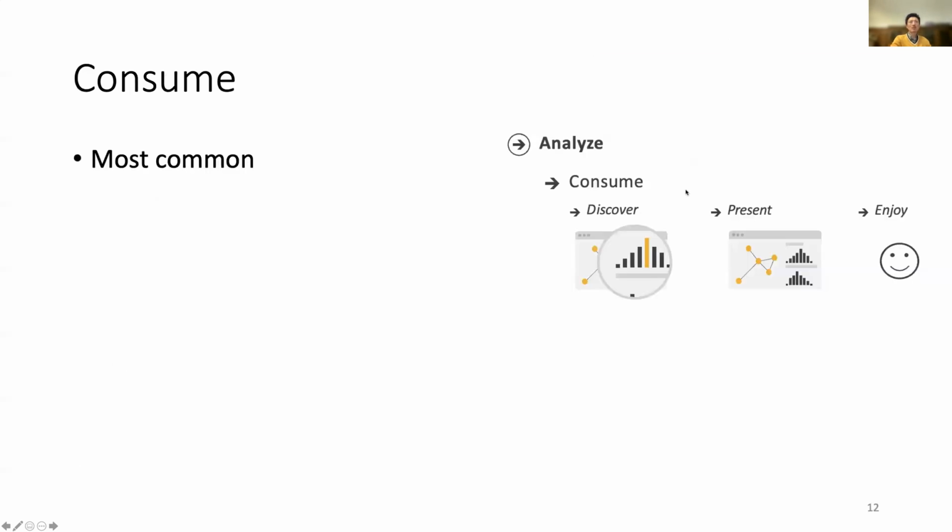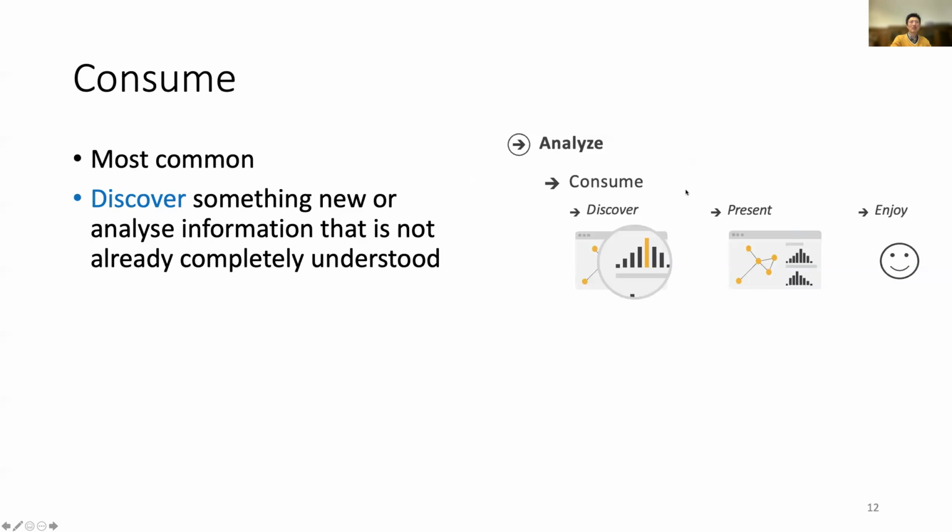Okay, and we look at consume first, and this is the most common one. So this is discover, where you need to find something from the data set, which is probably again the most common one among consume. Usually doing data analysis means you need to find something from the data set.